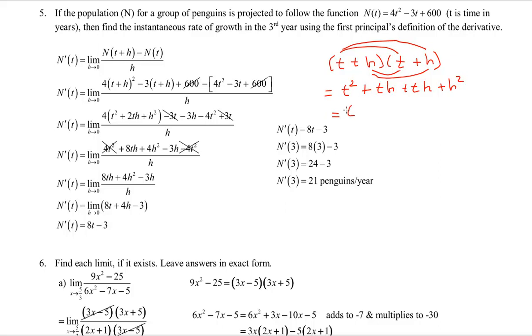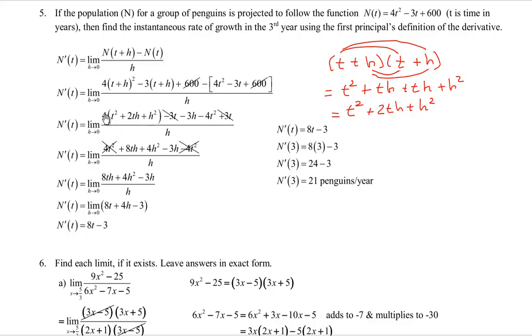And so it's t squared, 1th and 1th is 2th, plus h squared. So that is what's in here. Now, the shortcut, if you want to know how that works, you square the t, so that's the t squared. You square the h, that's the h squared. And since you're squaring this binomial and not multiplying two different ones, t times h doubled is the middle term, because there's always going to be two identical terms when you're squaring here.